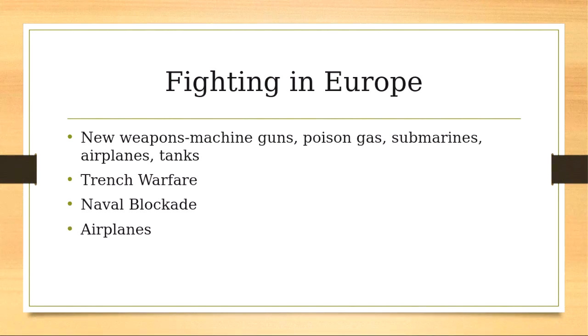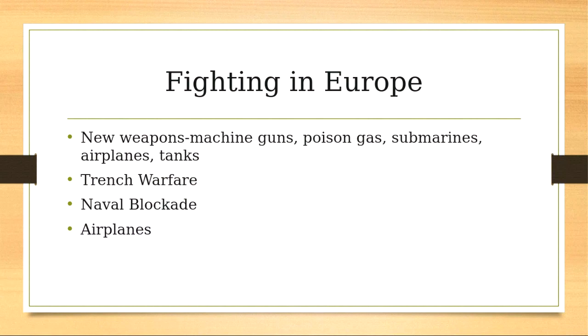Now the fighting in Europe is an interesting point, because it's different than the Spanish-American War, which was still a very old school war, only 15 years earlier. In this war, you're going to see a lot more technology: airplanes for the first time, machine guns, submarines, poison gas, tanks.